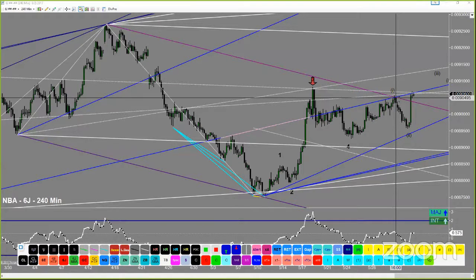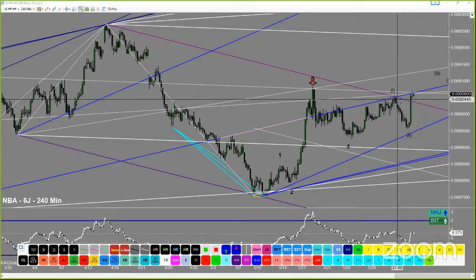I really didn't take that for many ticks at all, because I had to be flat before the close, but let's see, what did that end up being?